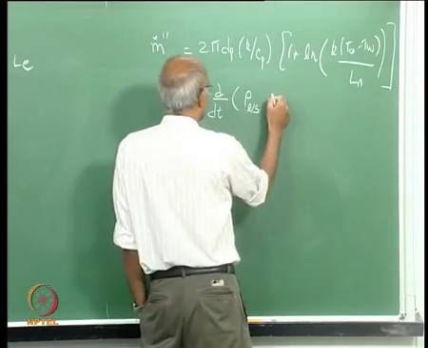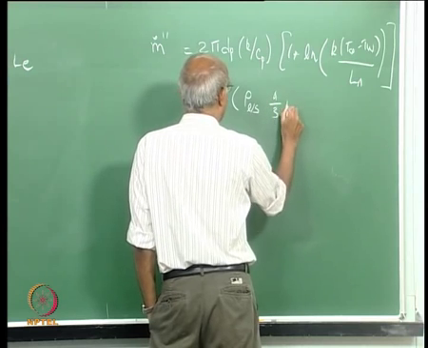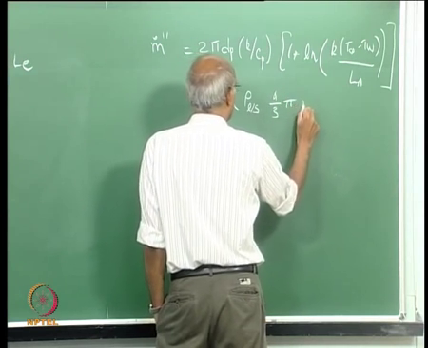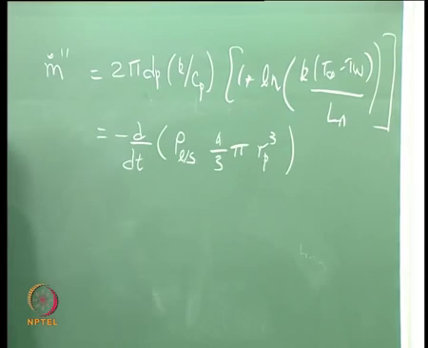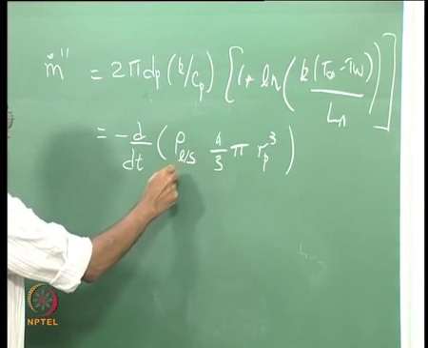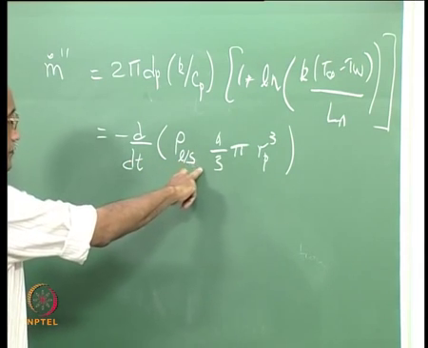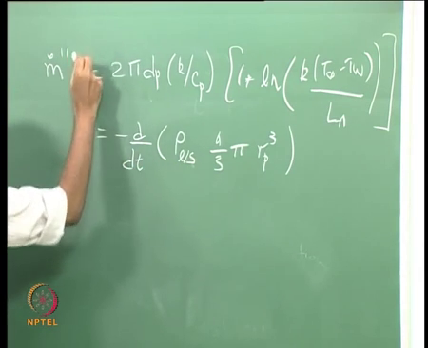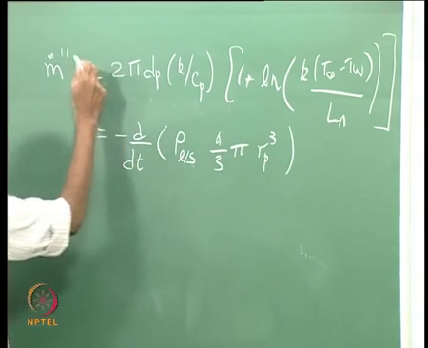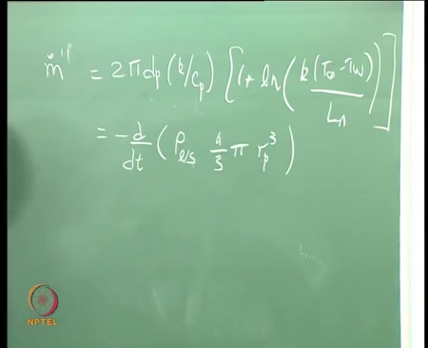It's basically 4 by 3 pi Rp cubed, and this is mass divided by time. So if you calculate this equation, this is also a mass transfer rate. So it's the evaporative rate m dot prime, which now must be equated to minus d by dt of rho times 4 by 3 pi Rp cubed.